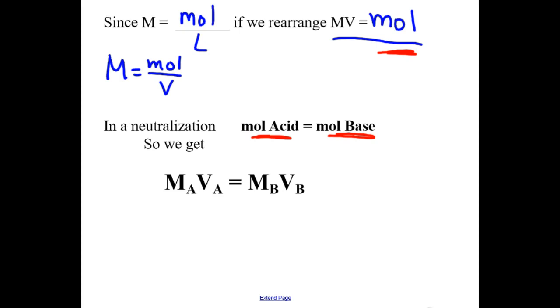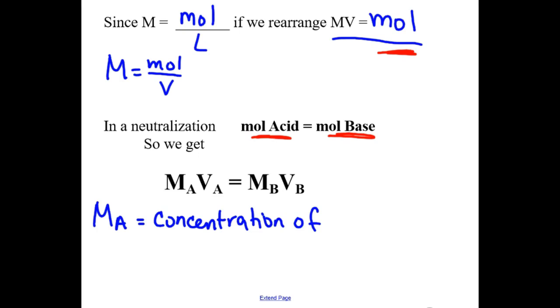So, Ma, you'll notice, does not actually stand for molarity of the acid, but instead, Ma stands for the concentration of which ion? H plus, the hydrogen ion, absolutely.